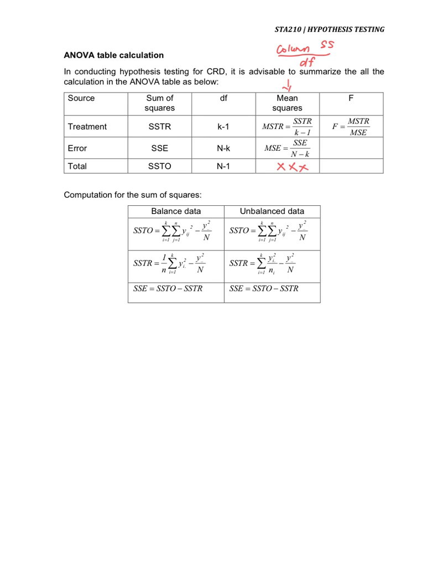Let's say we have teaching method A, method B, and method C. This one we administer to 4 different students, this one also 4 different students, and for teaching method C also 4 different students.